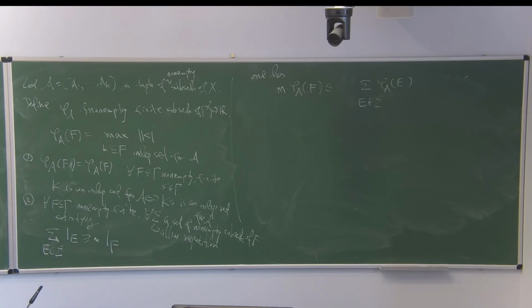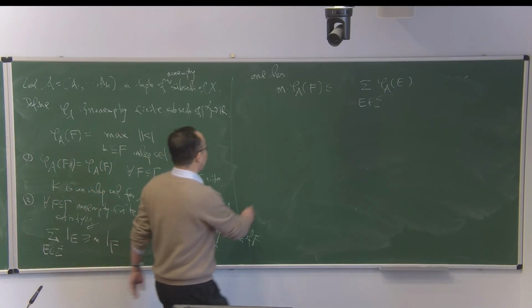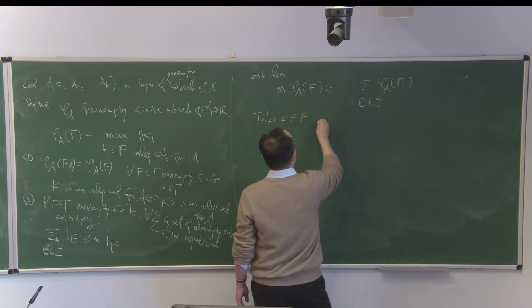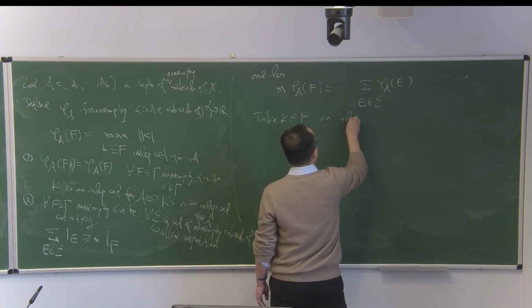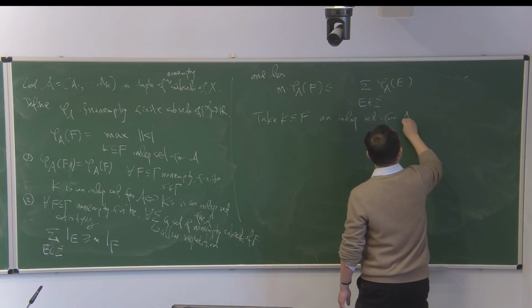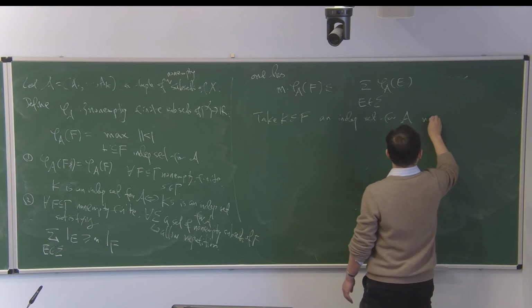So the proof is quite straightforward. The reason is just that we take K in F, an independent set for A of maximum size.